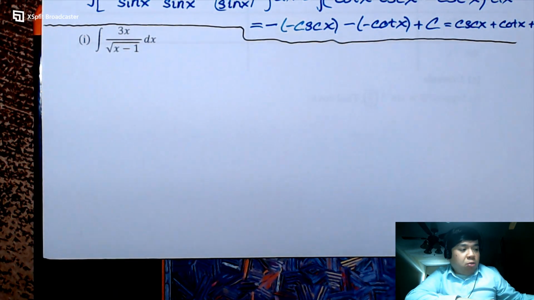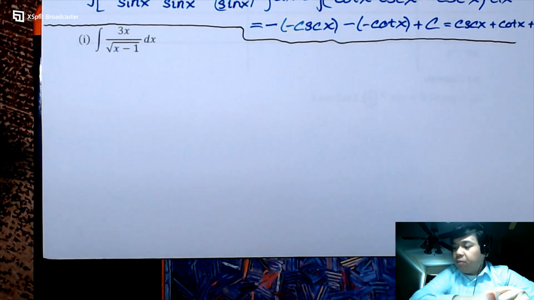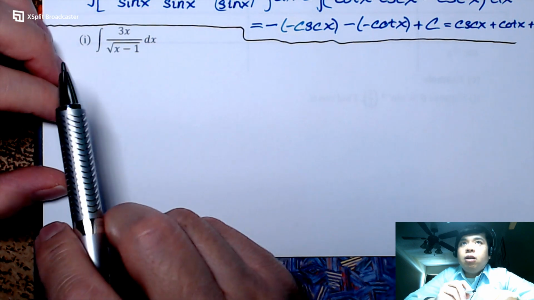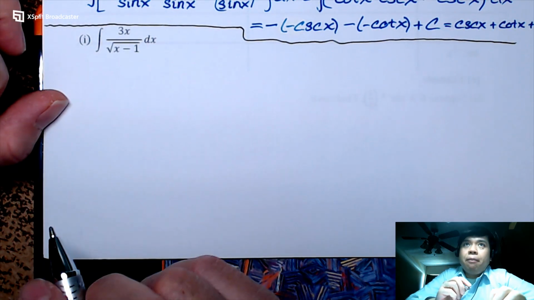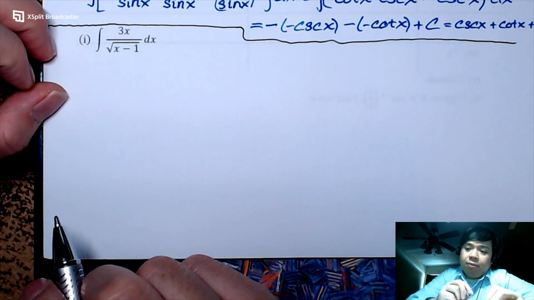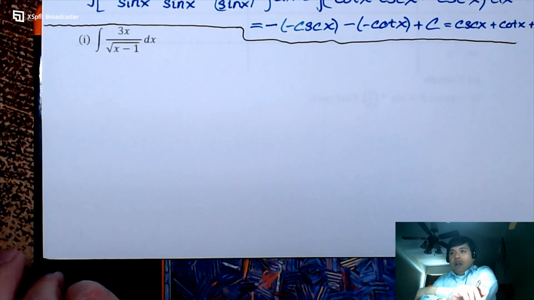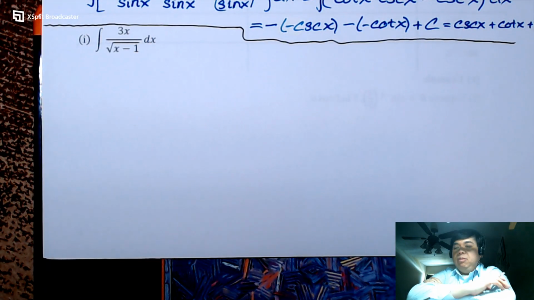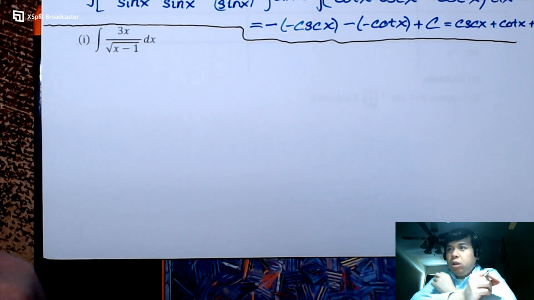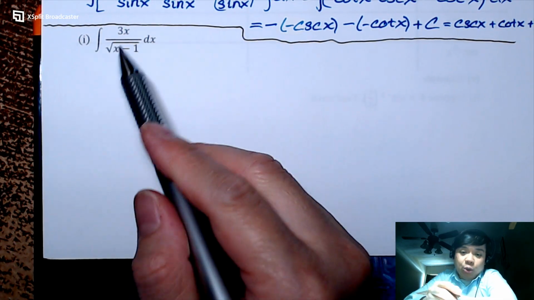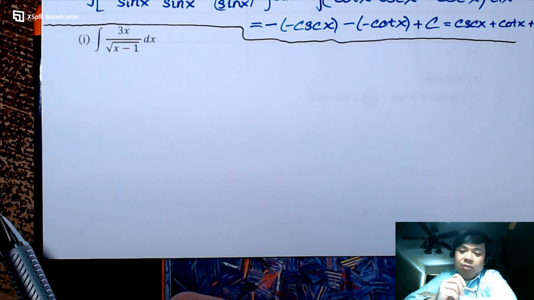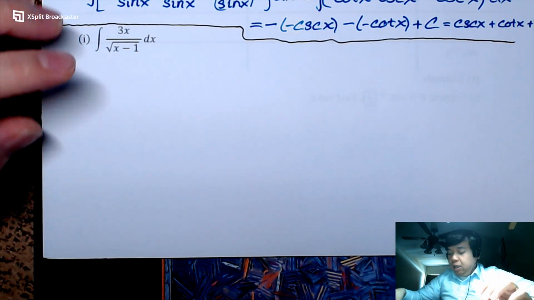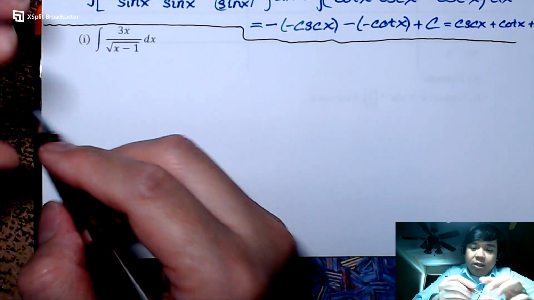This next problem is a little bit different. Integral of 3x over square root of x minus 1 dx. So let's try substitution. Actually, on this one, substitution will work with a little adjustment. Obviously, we're not going to let u equal 3x. We're going to let u equal just x minus 1 here, and we might be able to do something with it later.